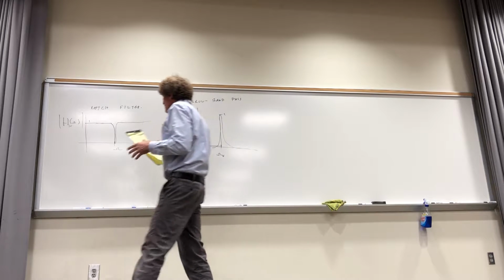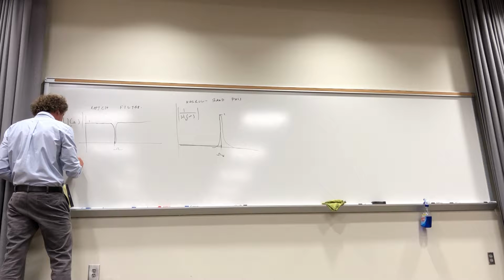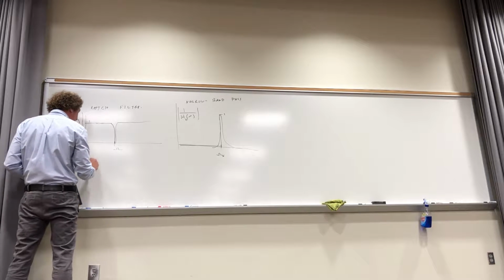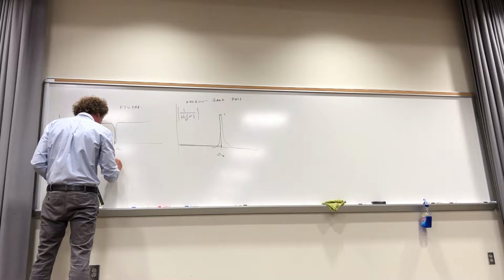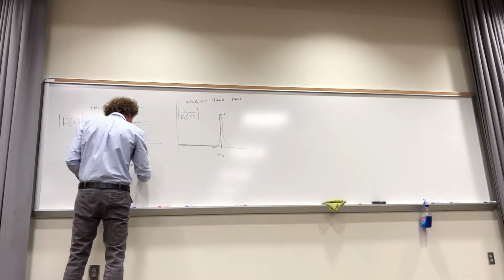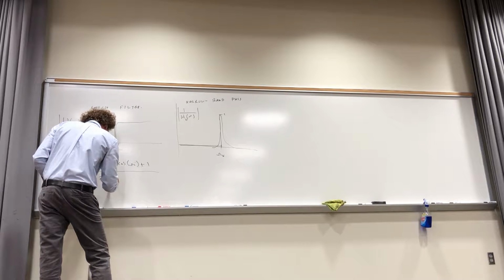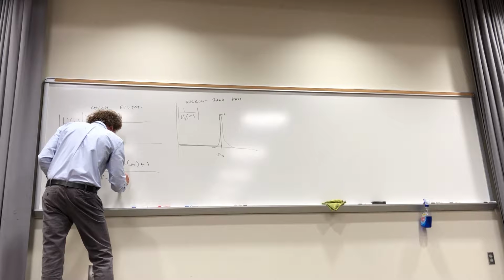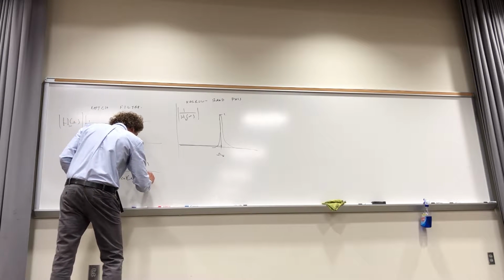For the notch filter, remember the way we actually defined it. We said h of z, and I'll call it for the notch, was equal to z squared minus 2z times cosine of omega I plus 1 over z squared minus 2az times cosine of omega I plus a squared.